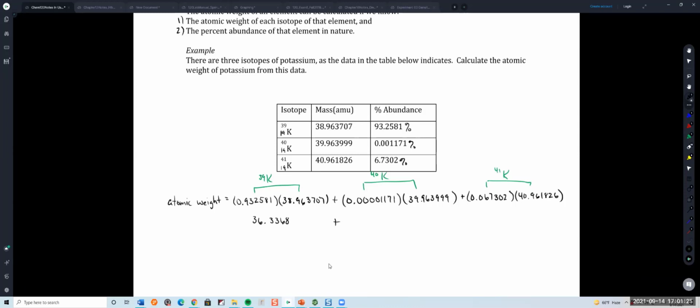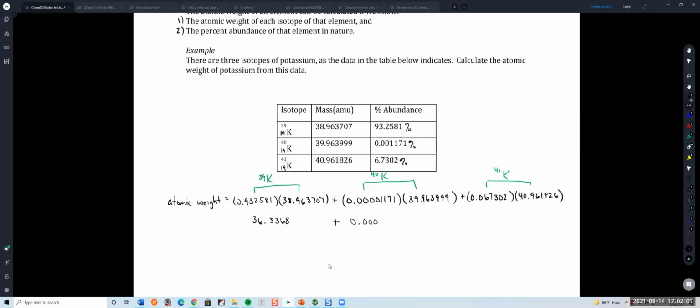Okay, the next one, 0.00001171 times 39.963999. And I'm getting a number in scientific notation. I don't want it in scientific notation. So I'm going to rewrite that as regular, 0.000. How many significant digits can I have? 4. 4, good.